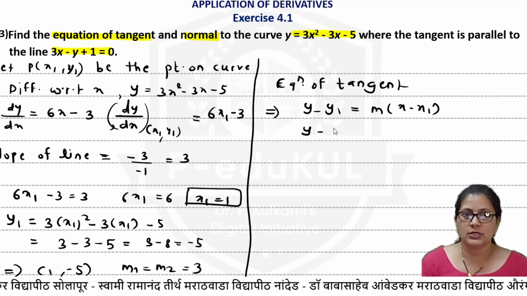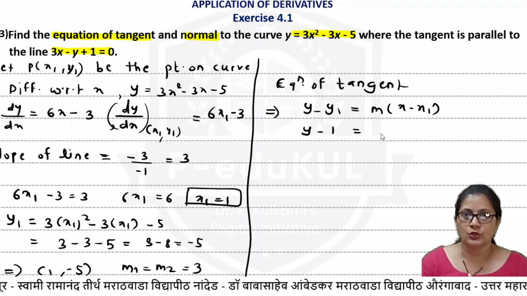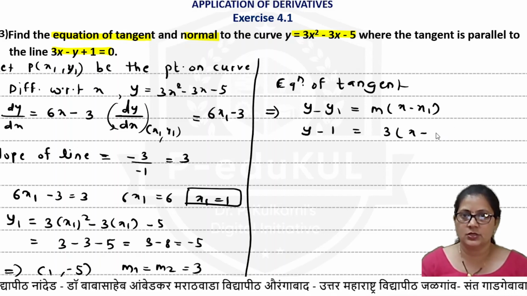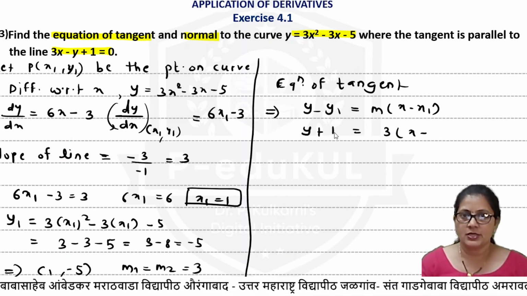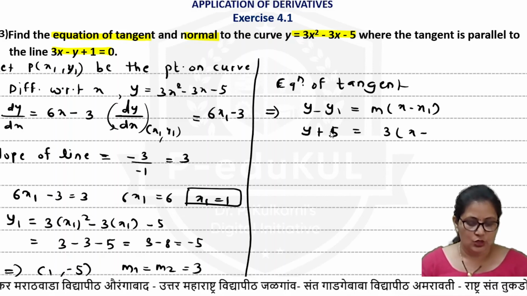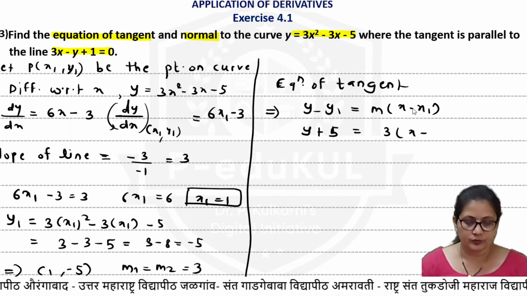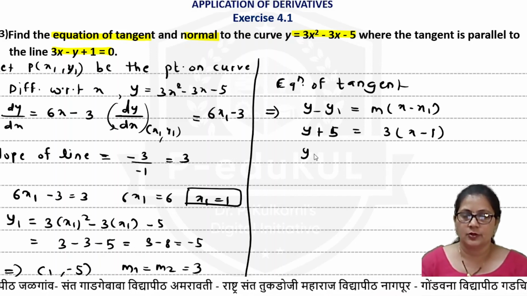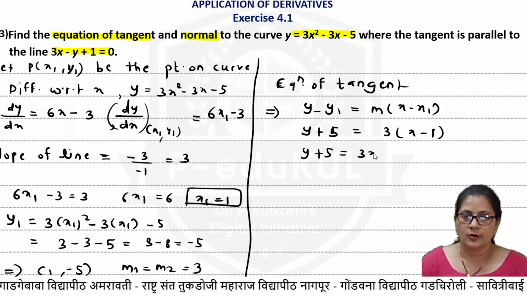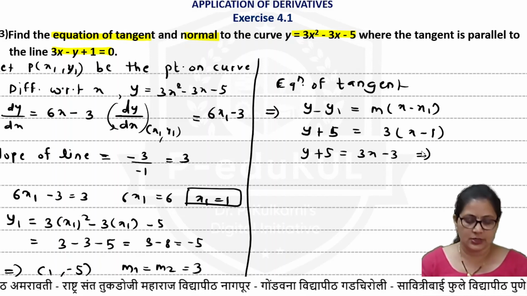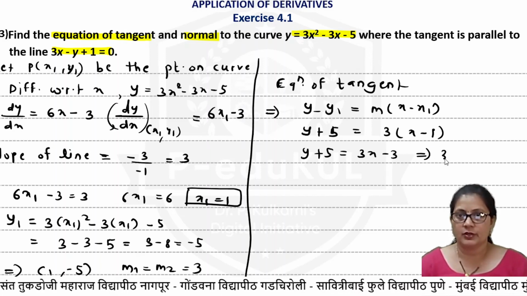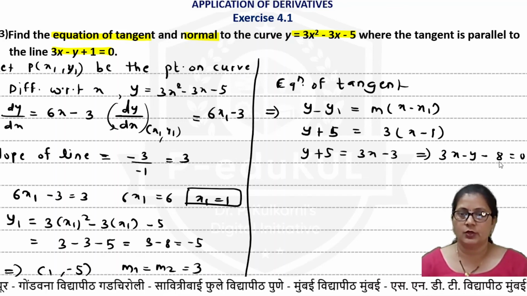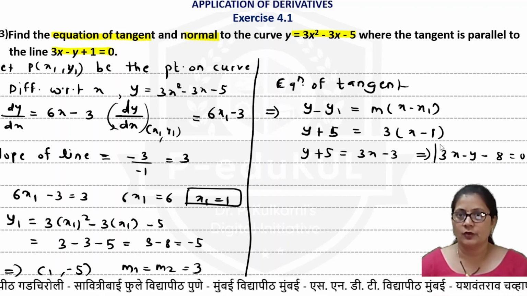So y minus (minus 5) is equal to the slope 3 into x minus x1, and x1 is again 1. So y plus 5 is equal to 3x minus 3. And hence you will get the equation as 3x minus y minus 8 is equal to 0. So this is my equation of tangent.